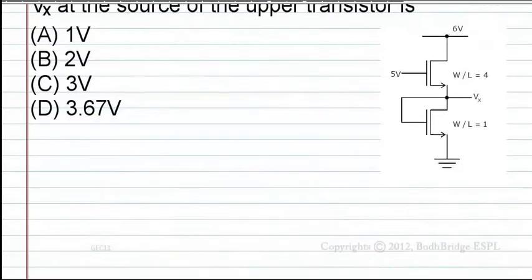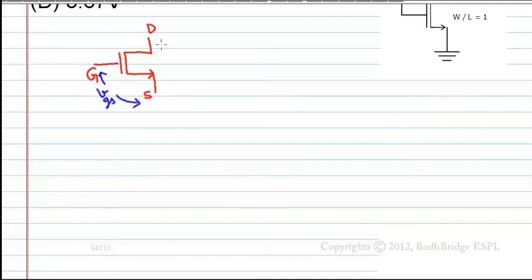First of all, let us understand some small concepts on MOSFET. In any MOSFET, NMOS, there are three terminals: gate, source and drain. This is called VGS and this is called VDS.